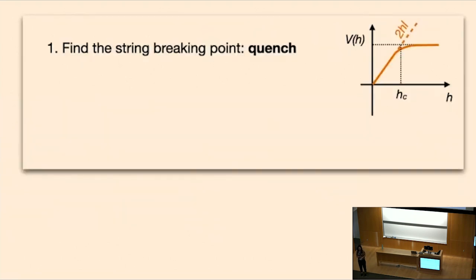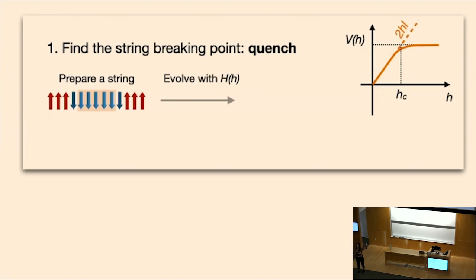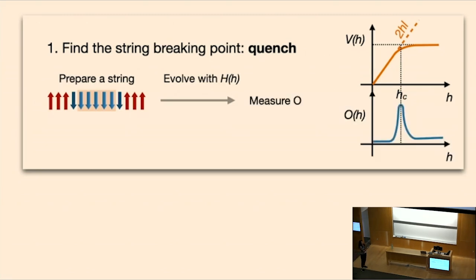So we then considered a more accurate method for this, and the way to do this is through a quantum quench. So what we did basically was to prepare this string state and then evolve with some Hamiltonian at some fixed value of the longitudinal field. We don't change this in time. And then we measure some observable that I will describe in a moment.